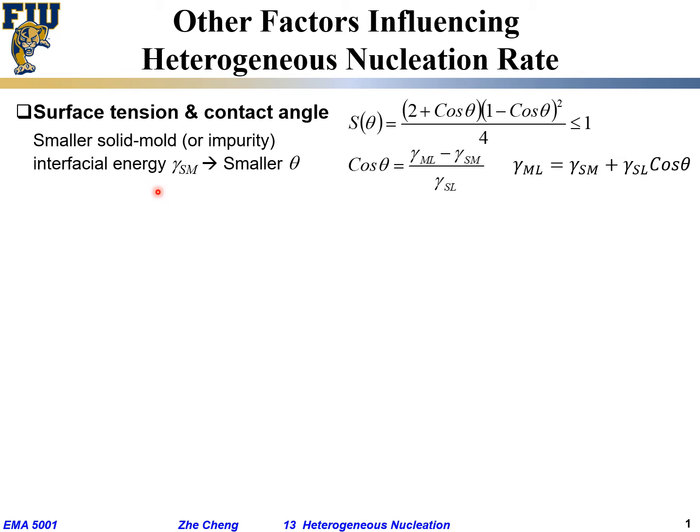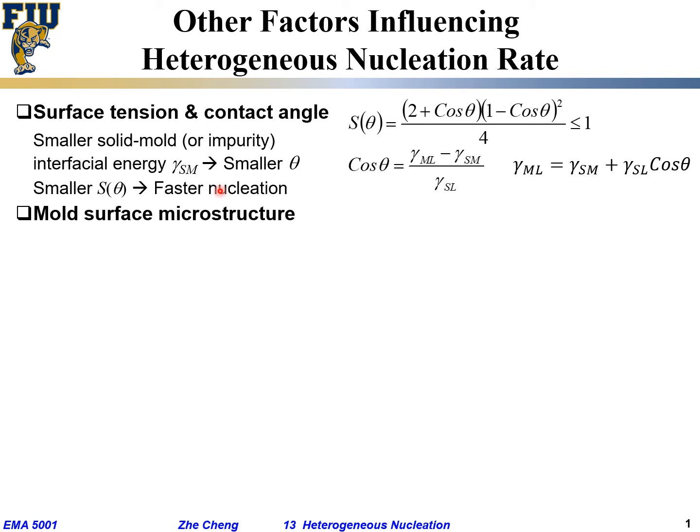The solid likes the mold. In that case, as we said, if this term is small, we would have a smaller theta. And smaller theta means smaller S theta. Remember that curve, and it means a smaller barrier, faster nucleation.